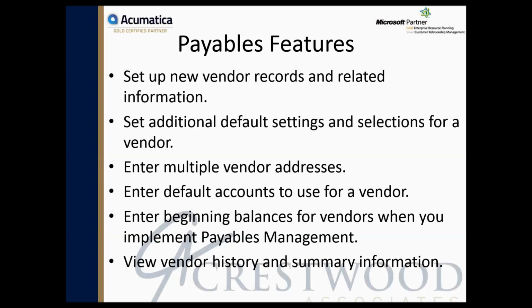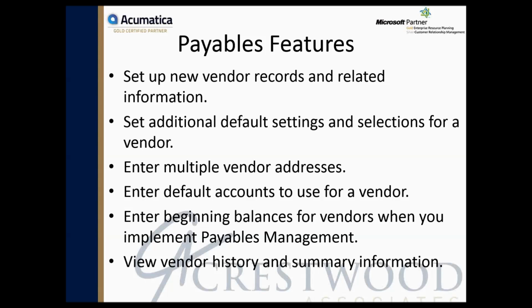Within the Payables module, you can do several different things. You can set up new vendor records and all of their related information. You can set additional default settings and selections for vendors. You can enter multiple vendor addresses. You can enter default accounts to use for a specific vendor.